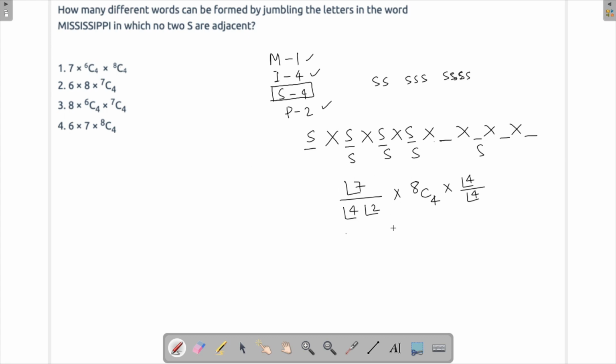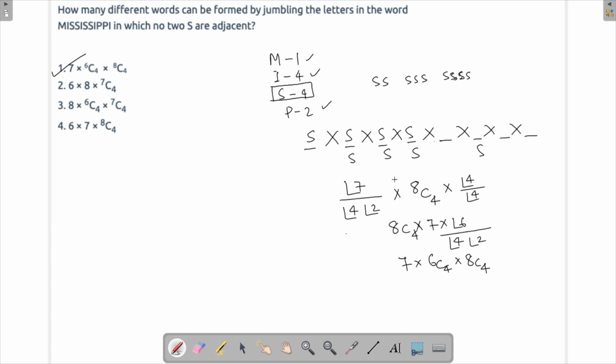We can look at 8C4 and write 7 factorial as 7 into 6 factorial, and then leave this 4 factorial and 2 factorial. Now this can be written as 6C4. So I could write it as 7 into 6C4 into 8C4, and that is my answer, right?